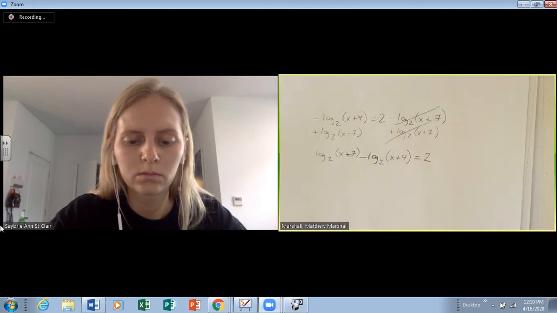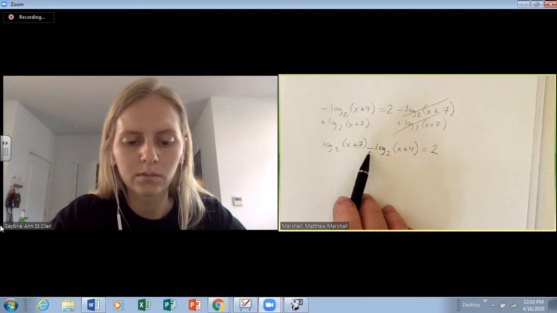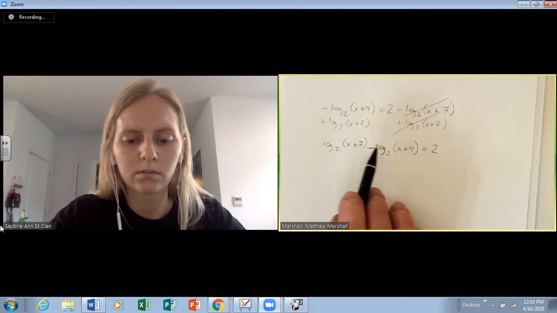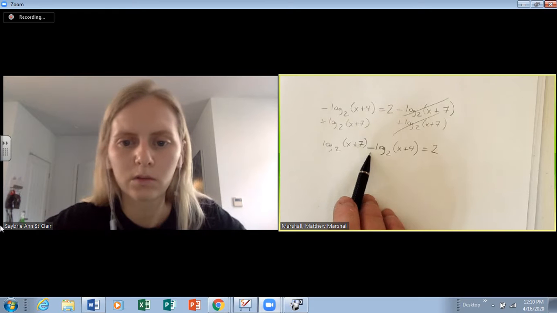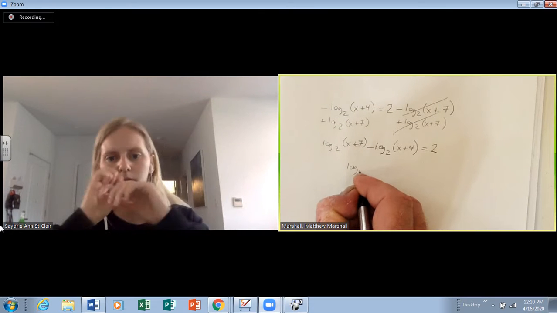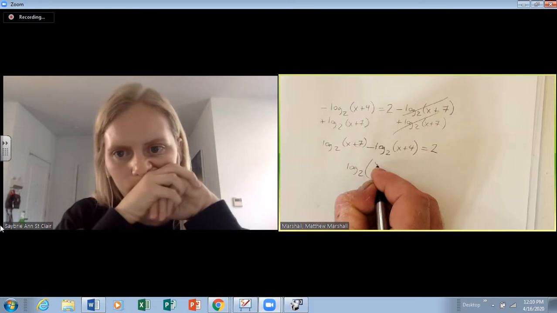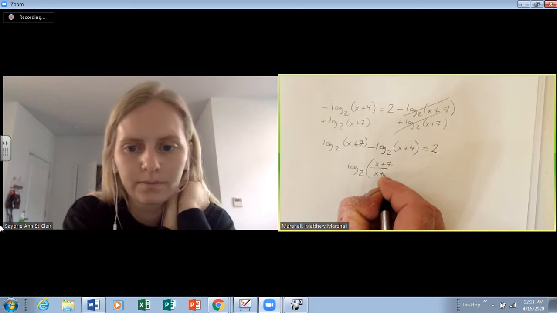Do you see that? And this is subtraction, so I'm not going to multiply these two. This is division. So by definition, I could write this as log 2 of x plus 7 divided by x plus 4, just like that.